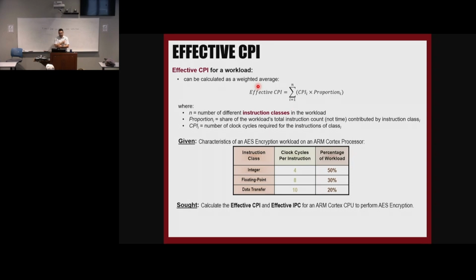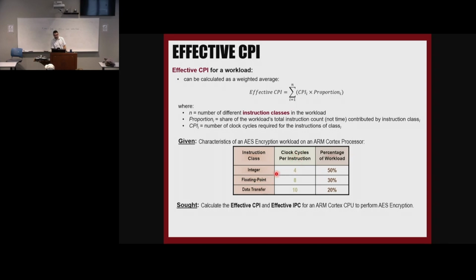So we have an encryption workload, and we have an ARM processor that wants to take care of this encryption task. We have three instruction classes: integer instructions, floating point instructions, and data transfer instructions.